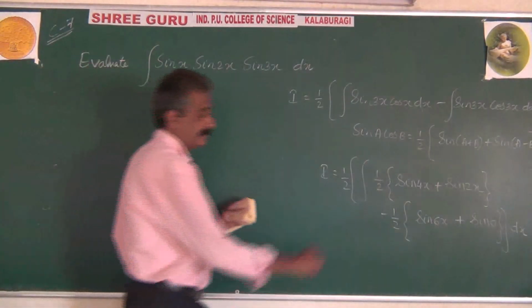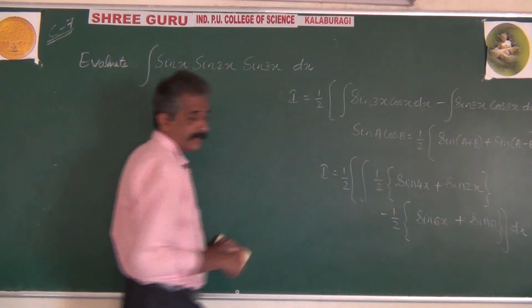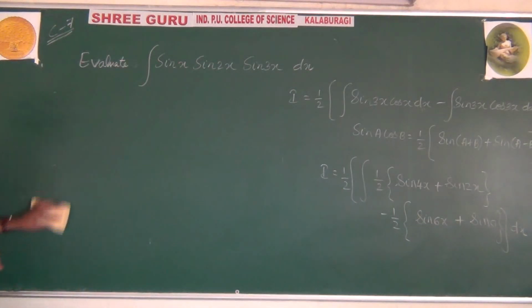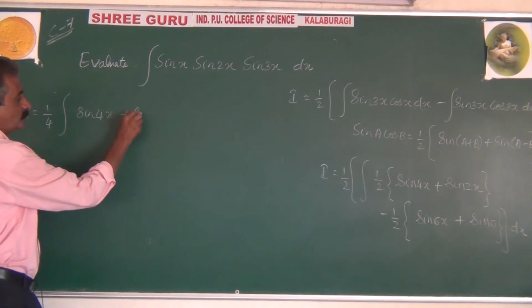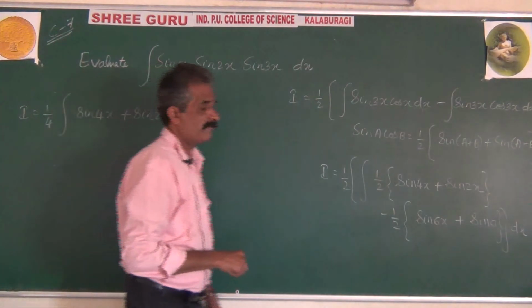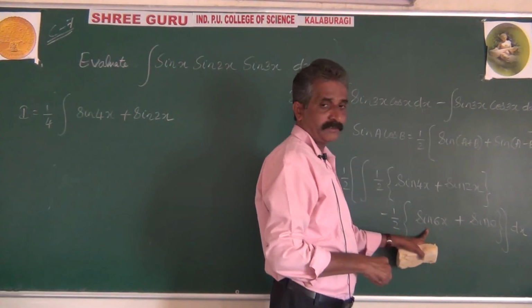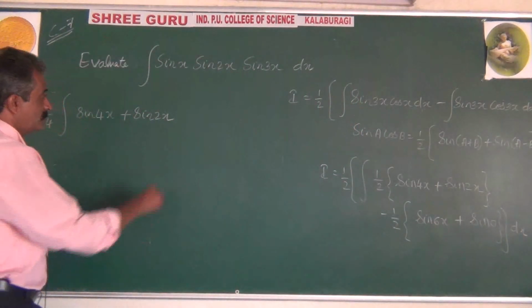Next, here 1 by 2, 1 by 2 common, and there is already 1 by 2, so it will become 1 by 4. I equals 1 by 4 integration of sin 4x plus sin 2x minus sin 6x, but sin 0 is 0, that is ignored.